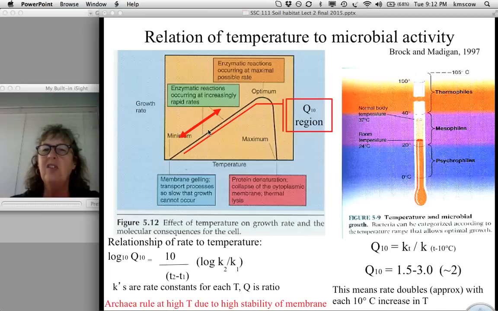And then as you increase the temperature from this minimum, there's this range in which you're going to have a pretty much linear relationship between the reaction rate and the temperature. And this is this predictable range where you can make pretty good predictions of how the rate will change as the temperature changes, which is really interesting for climate change.